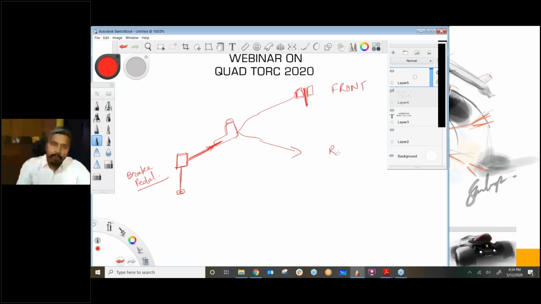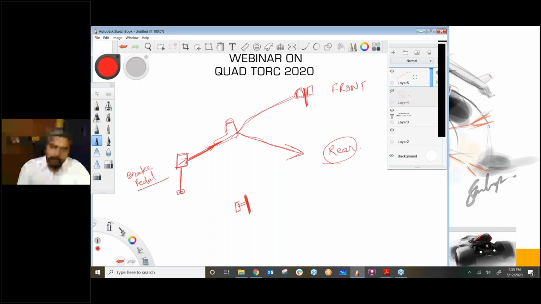The caliper has piston inside it, and brake shoes are attached to the pistons. So what happens when the extra fluid is pushed inside the caliper, this piston actuates and it pushes the brake shoes, and the brake shoe hold the rotor, and due to the friction the rotor stops rotating.